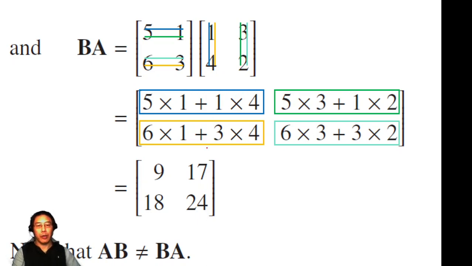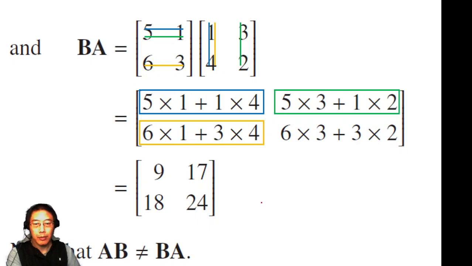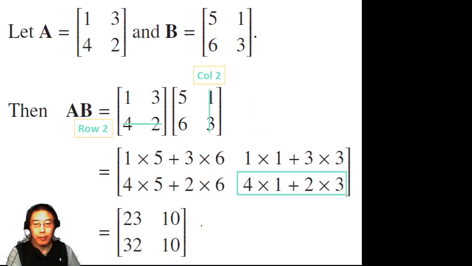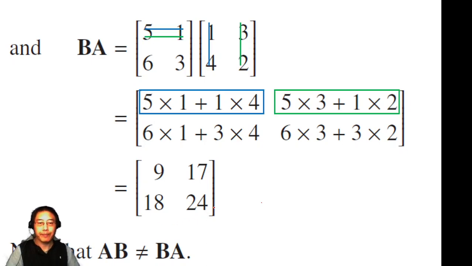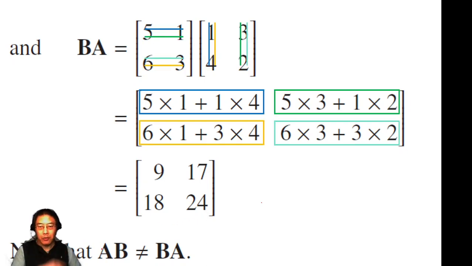You evaluate those and you get that matrix. Notice how that matrix is different from this one. As it is different, we can say that the products AB and BA are usually not the same. They're not identical.